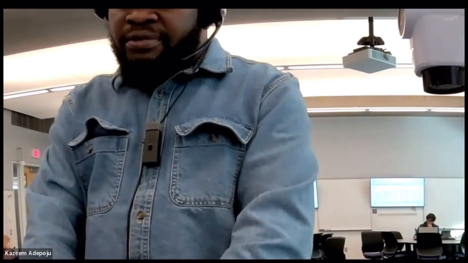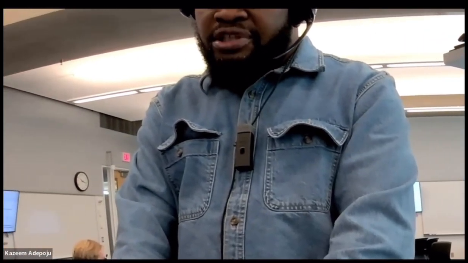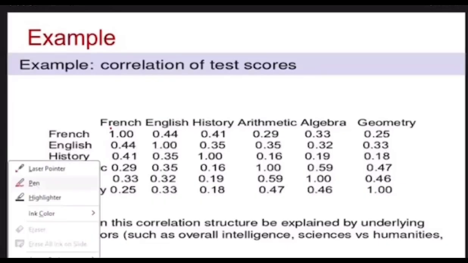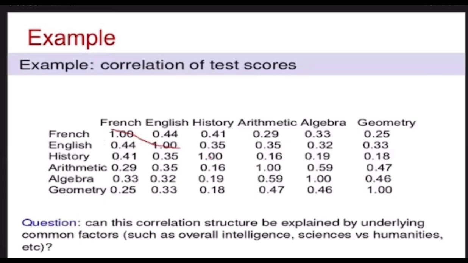And of course, you're not surprised. If you look at the diagonal, we expect French and French to be perfectly correlated. If I have two variables that are the same, I expect them to be perfectly correlated. And the off diagonal will give you the correlation between any two different subjects.